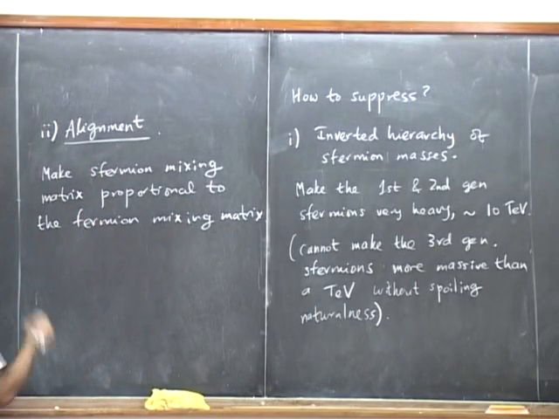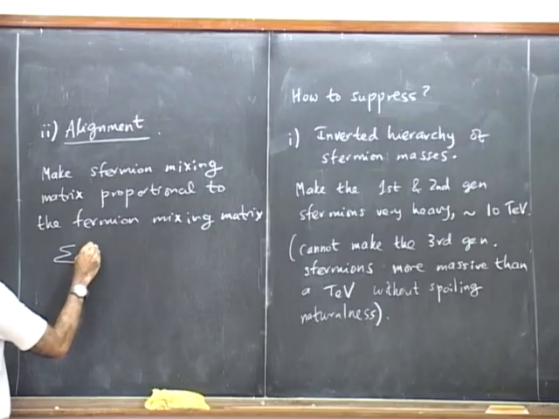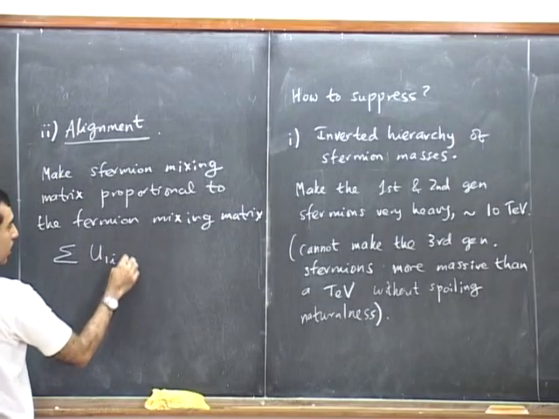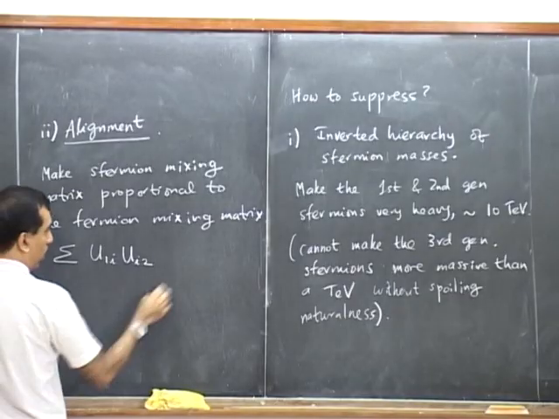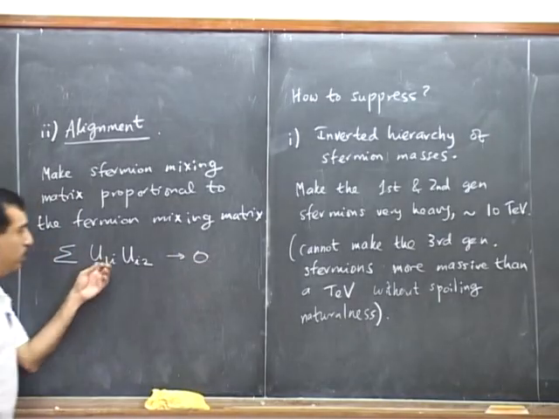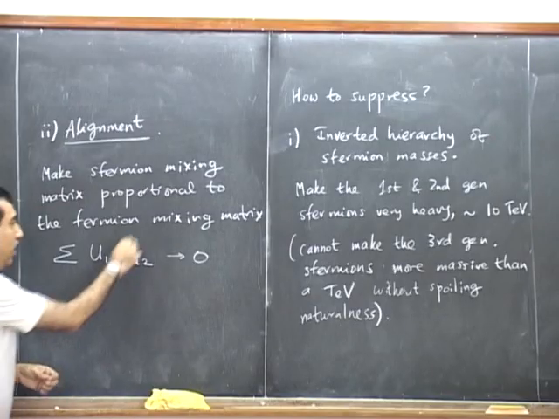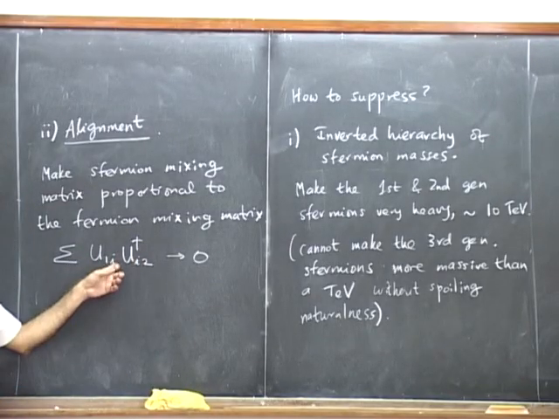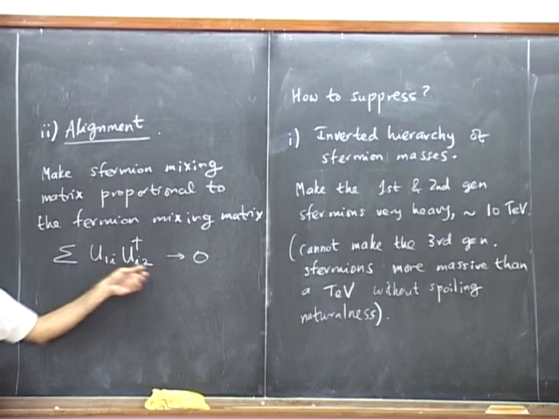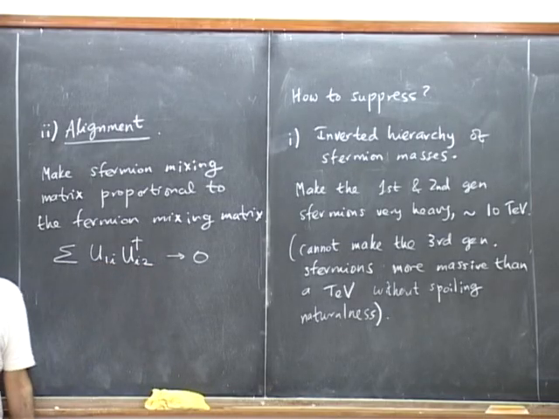But if alignment is true, then obviously any sum involving U1I, UI2 will go to 0, because U then becomes diagonal; it doesn't matter if it's a dagger or something. So there's no chance that both of these can simultaneously contribute.